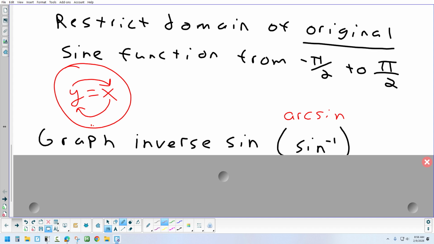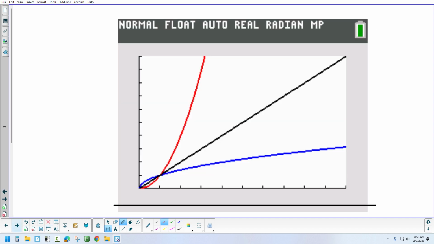Well, let's go back and look at the graph that we just did. What's the domain of that graph in blue? No, the graph in blue. We're not doing trig anymore, so we're looking at that graph in blue.